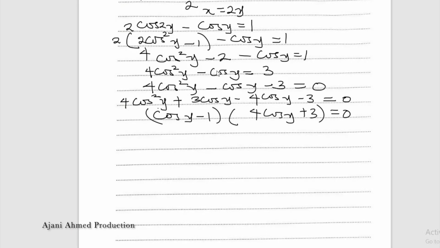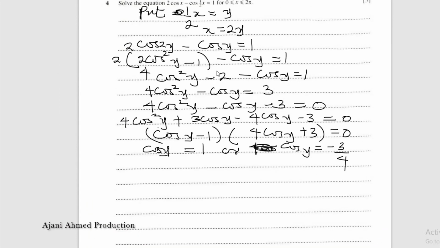So from here, cos y is 1, or cos y is minus 3 over 4.